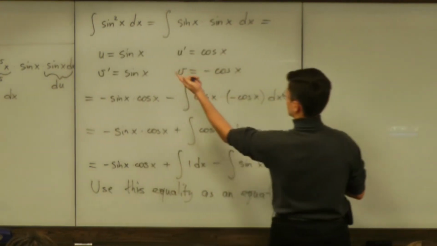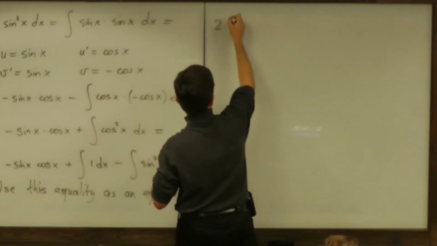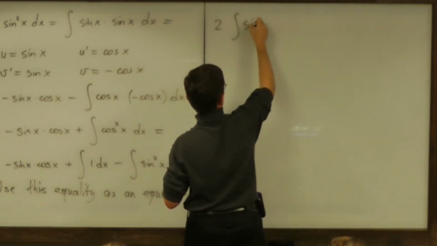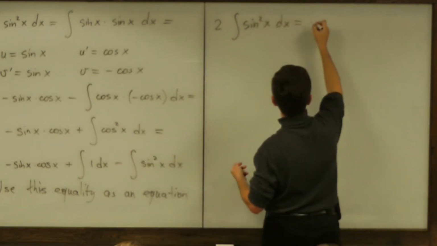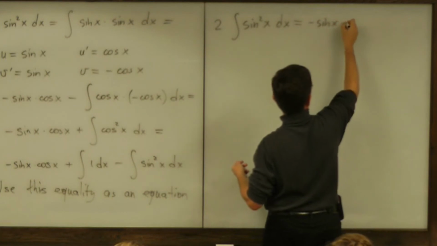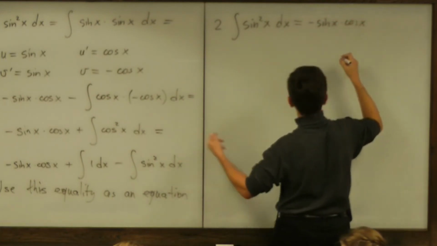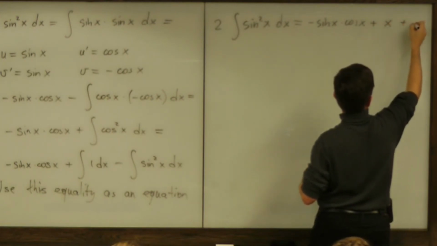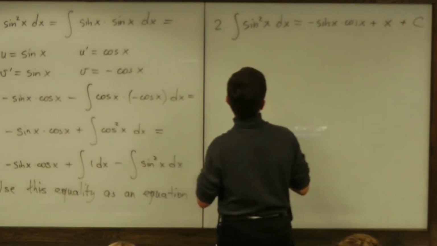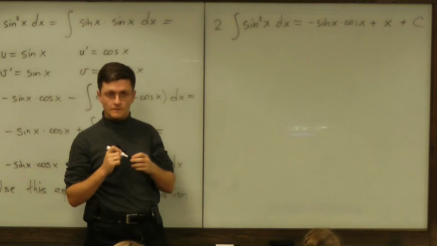So if I take this integral to the left, I will have twice the integral of sine squared equals negative sine x times cosine x plus integral of 1 is x plus a constant, of course, and then you divide by 2 and we are done.